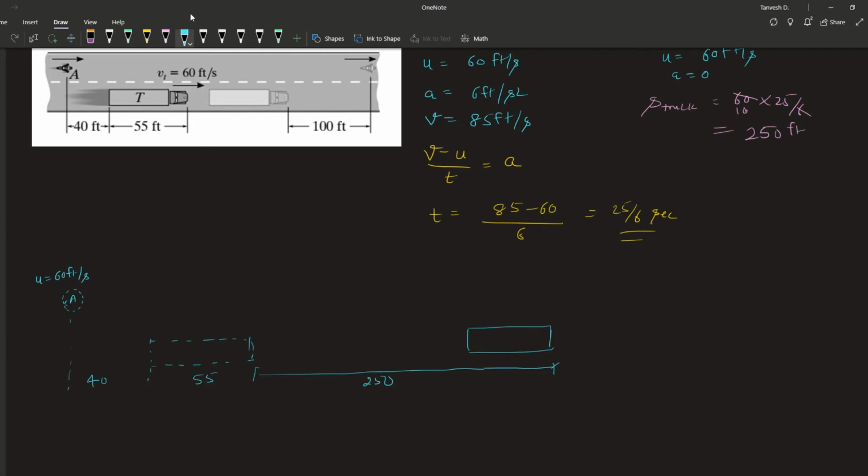How much has the bike travelled in this 25 by 6 seconds? You can find that using the formula S bike is equal to ut plus half at square.